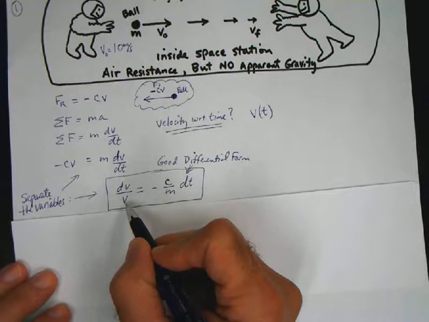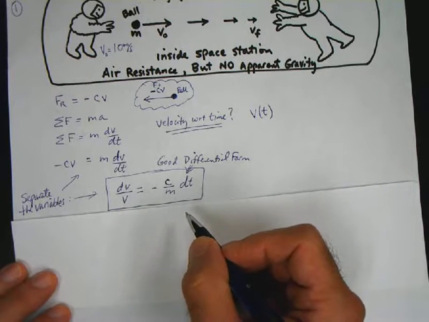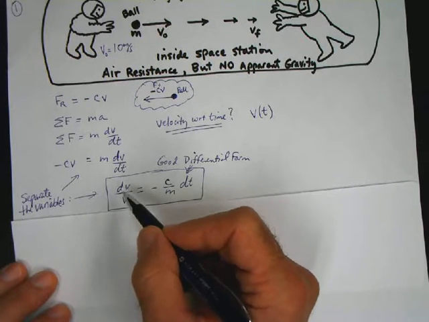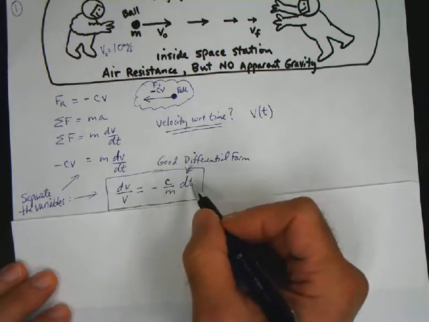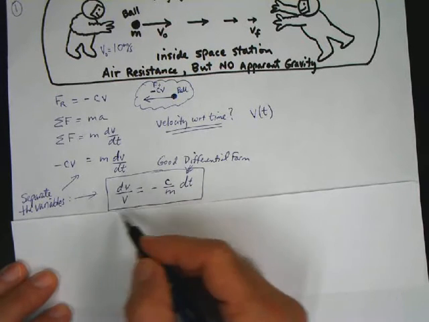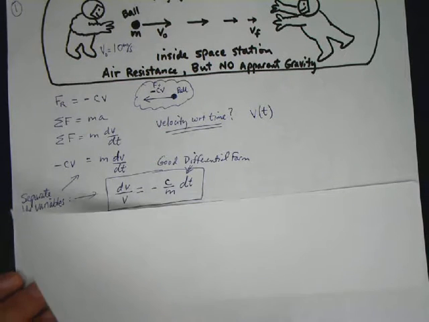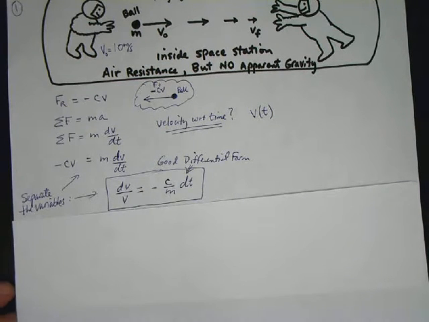And when we separate the variables that way, we'll get dv over v is equal to negative c over m dt. We have our velocity variables on the left, we have our dt on the right, along with the constants. This will be in good differential format.